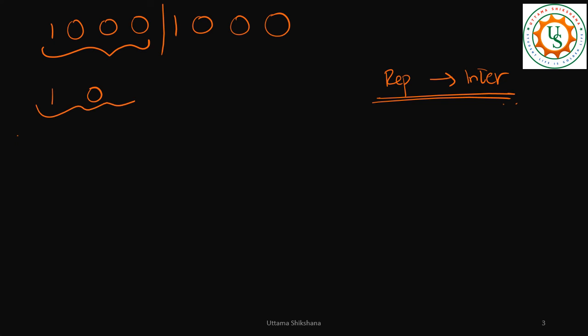We know the replication and interpolation property of the DFT. So I have just taken these 4 points. This is 10 interpolated with p equal to 2, which means p minus 1 zeros should be inserted.